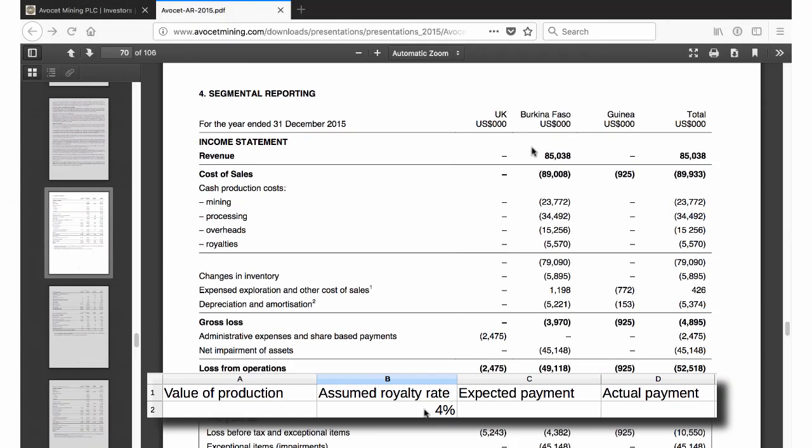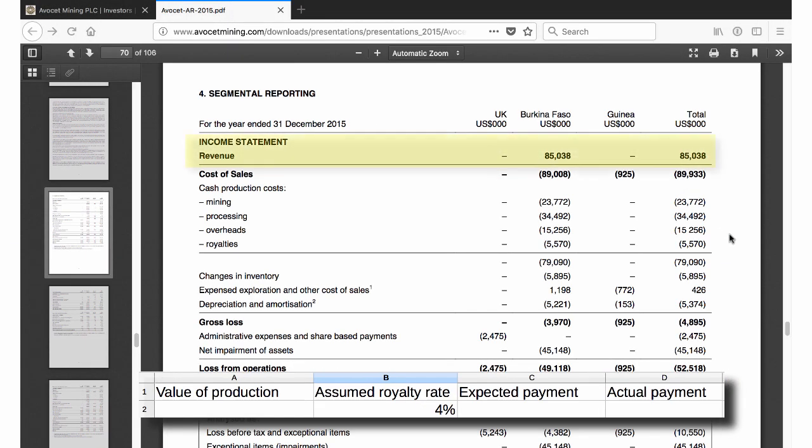Secondly, we need to find out what the value of production was from the Inata mine in 2015. We can see in Avocet's annual report for 2015 that the overall value of gold production in Burkina Faso was $85,038,000.